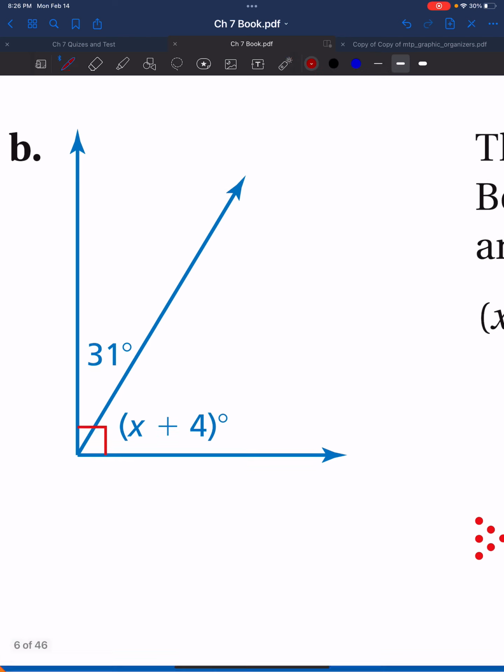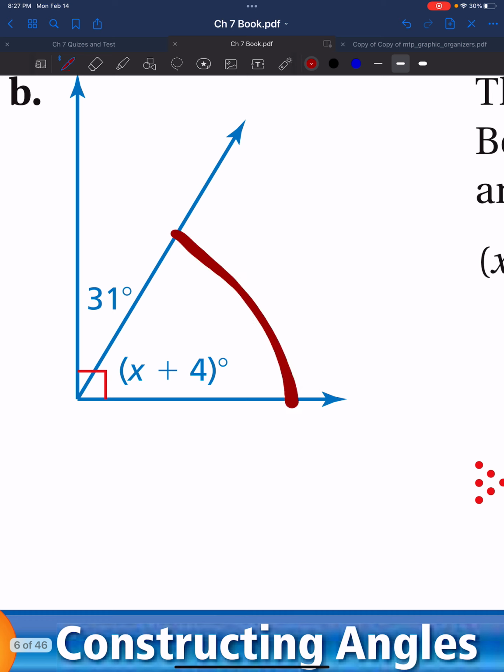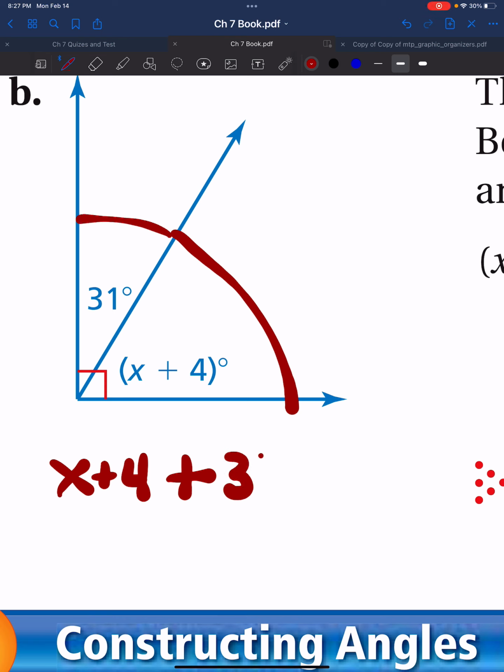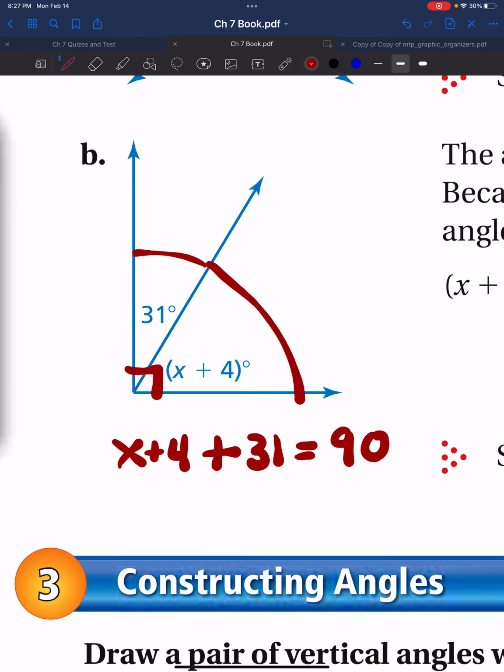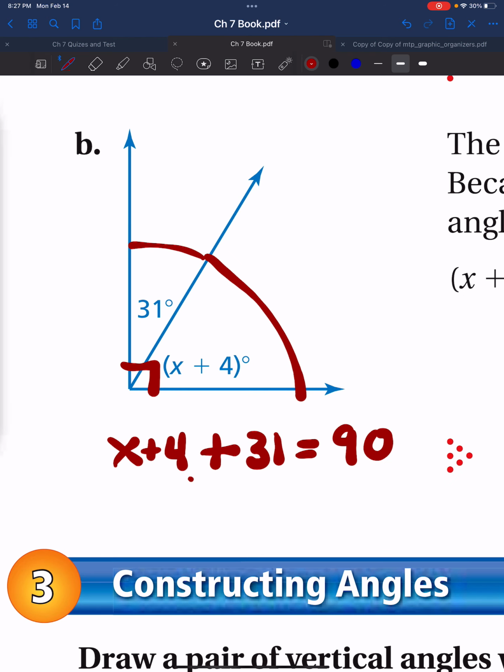So if that's the case, then can't I say this angle, which is x plus 4, plus this angle, which is 31, can't I say all of it together should equal 90? Now to solve for x, combine my like terms. This would be x plus 34 equals 90.